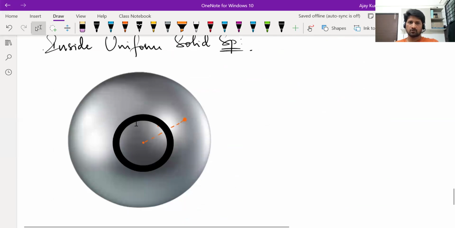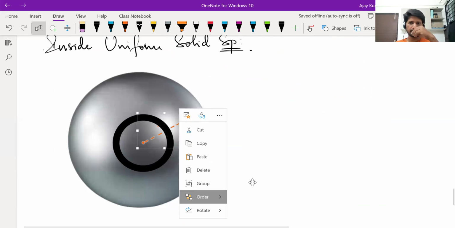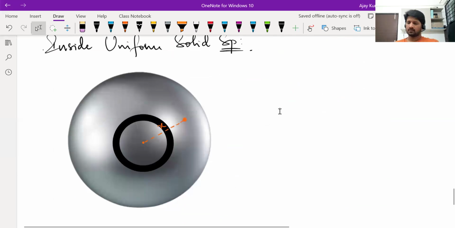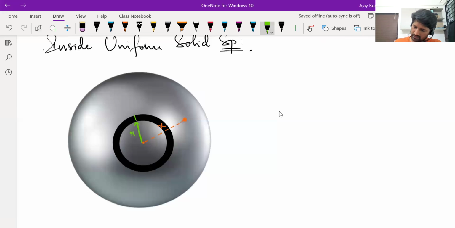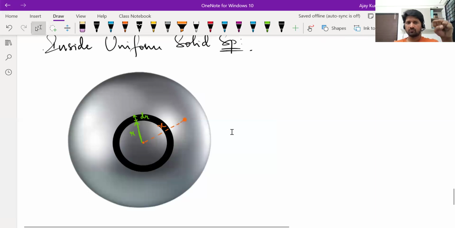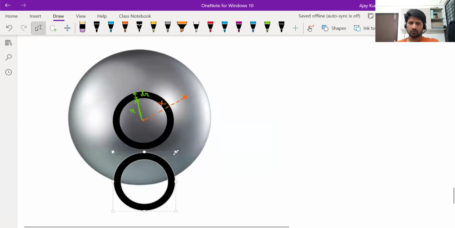So consider one hollow sphere like this. Let's say this hollow sphere's radius is r. Thickness is dr. The solid sphere is a collection of many hollow spheres like this. Now here I have considered one of them. You can consider some more if you want.